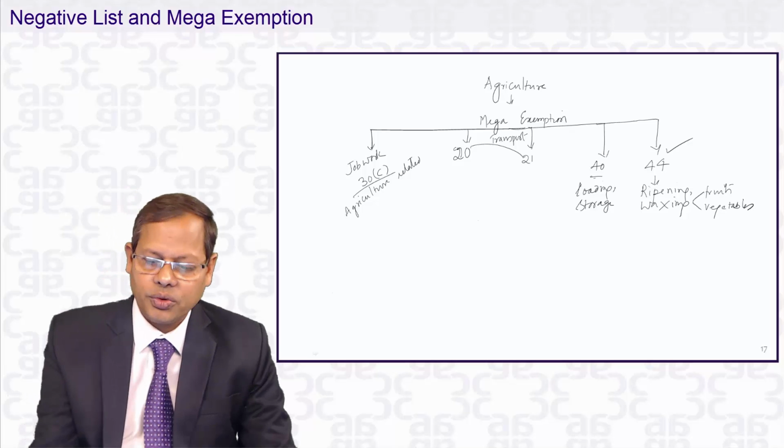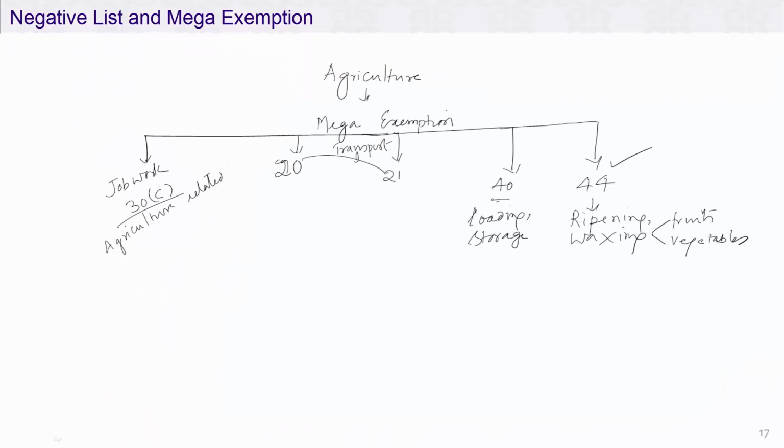Means transport within India. It is talking about India. And entry number 21 is talking about transport by rail or vessel. Vessel means ship, but internal.